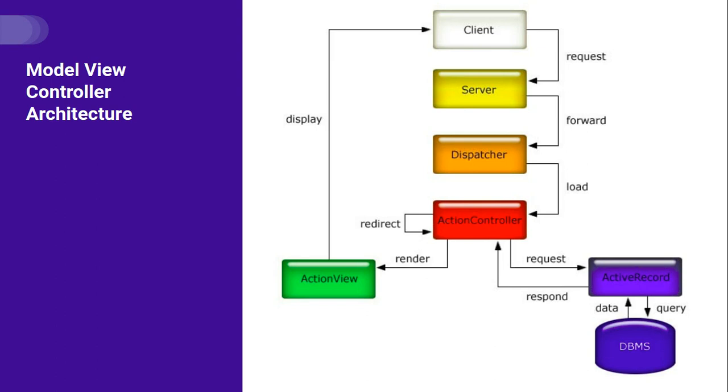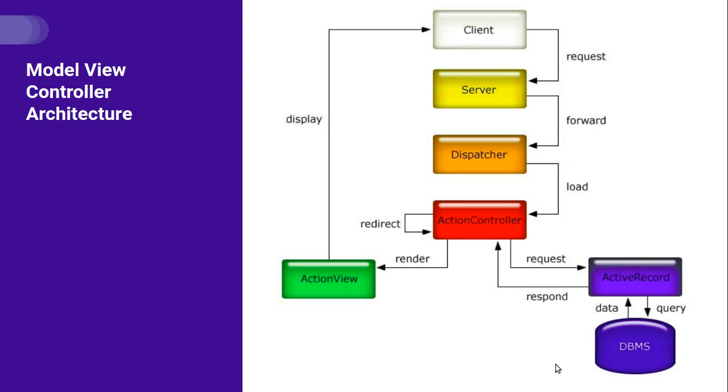Active Record sends that query to the database, and then the database returns the data, and then the model sends this data as a response to Action Controller. So this is the basic work of MVC, and this is it for this video. In the next video we will create our scaffold resource. We will create a user model, controller, and views using scaffolding. So let's meet in that lecture.